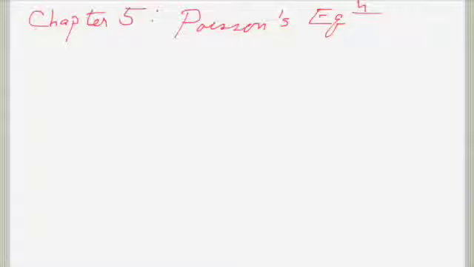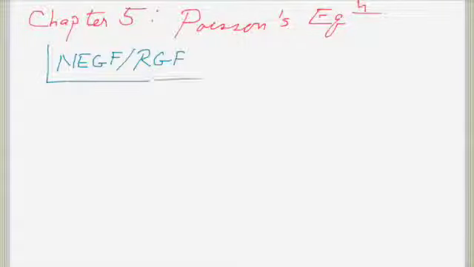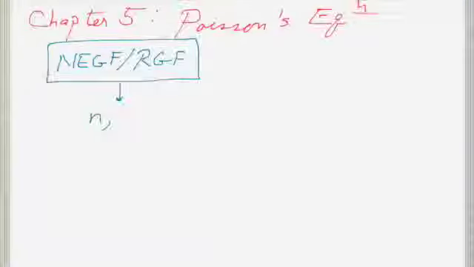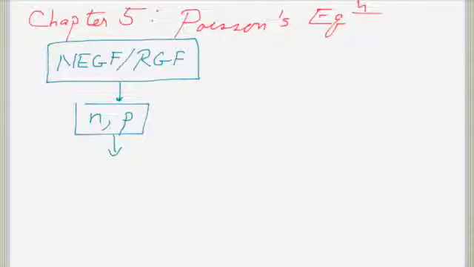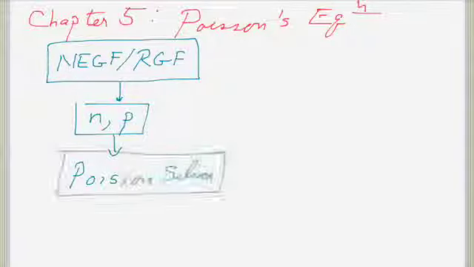And so if we look at what you're doing in terms of a little flow chart, you do your NEGF. RGF is your recursive Green's function algorithm. You do that. From that, you get your electron density and your hole density. Once you get those, you send them to your Poisson solver. Your Poisson solver is going to give you some new potential, phi.